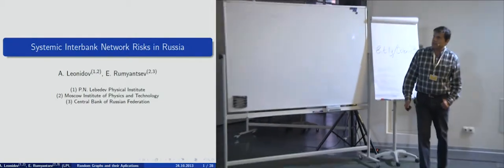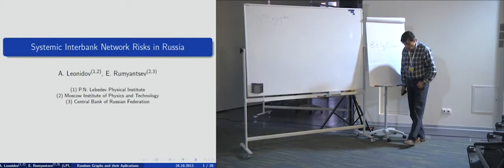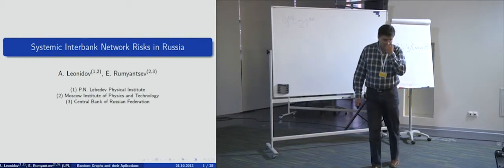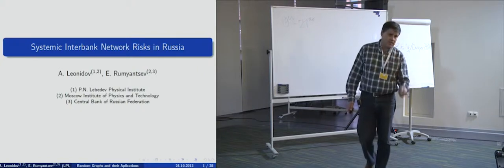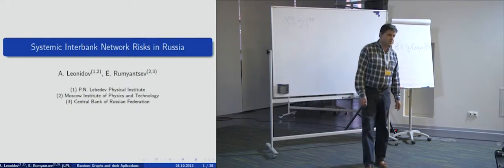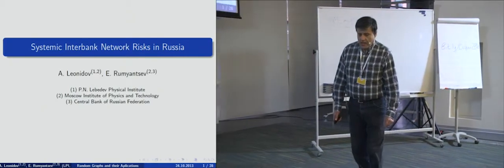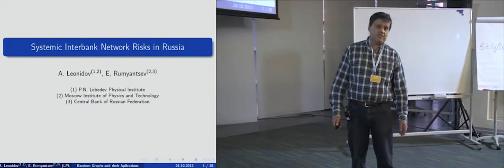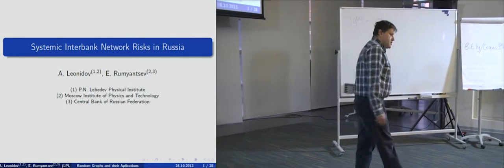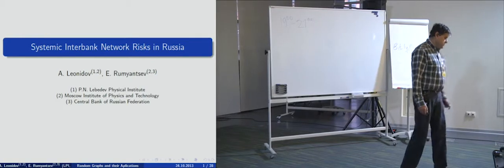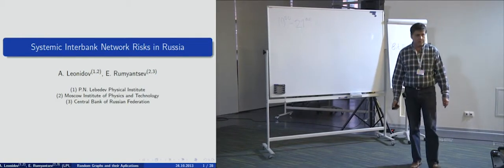As you may have heard, the subject of analyzing systemic risks has become a really hot one in the aftermath of the crisis of 2008, 2010. And strangely enough, the scientific impulse came from a financial institution, from the Bank of England.